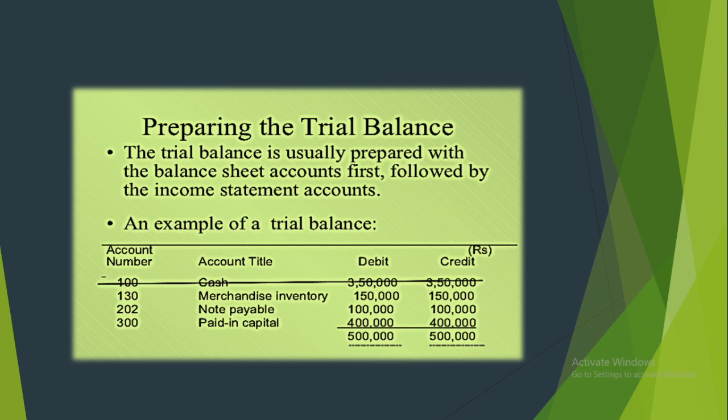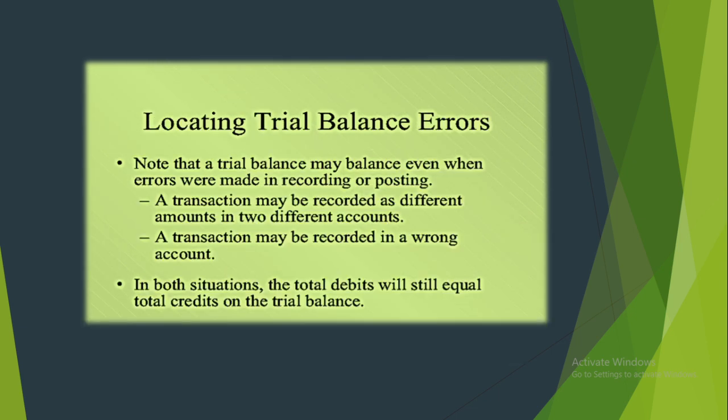Here I have taken four accounts: cash account 3,50,000, merchandise inventory, that is stock, 1,50,000, notes payable 1 lakh rupees, and paid-in capital 4 lakh rupees. So the overall total is 5 lakh rupees on both sides, that is debit and credit.